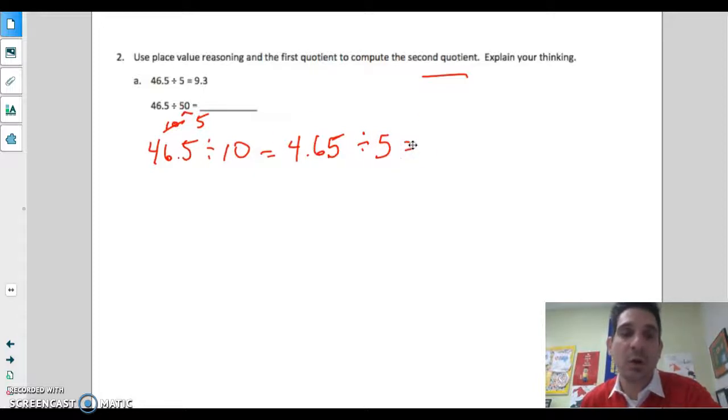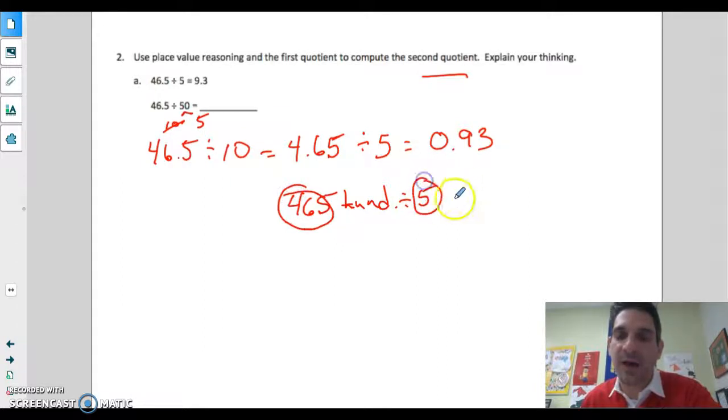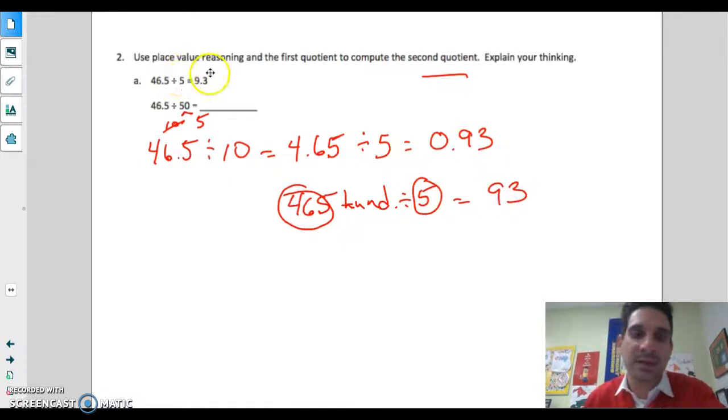Knowing what I know, I knew that 46 and 5 tenths divided by 5 was 9 and 3 tenths. So I know 93 is my number, but now I'm in the hundredths place. So it's 465 hundredths divided by 5, and we know that 465 divided by 5 is 93 because that's what this answer was.